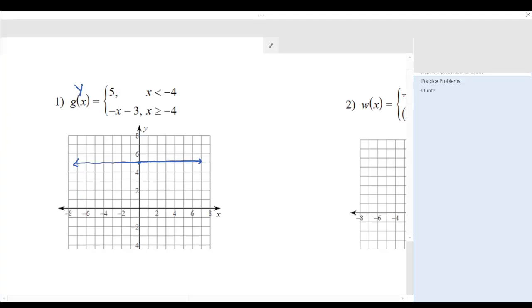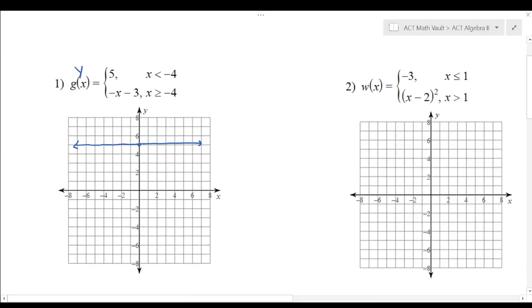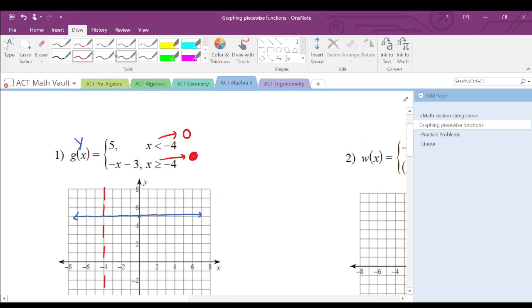And so why don't we draw a negative 4 line? So we have a dotted line right here. That is not an actual line. It's not part of the graph. It's just kind of a boundary. So we want that blue line only when x is less than negative 4. If it's less than, note, we're going to use an open circle. If it's greater than or equal to, then it's going to be a closed circle.